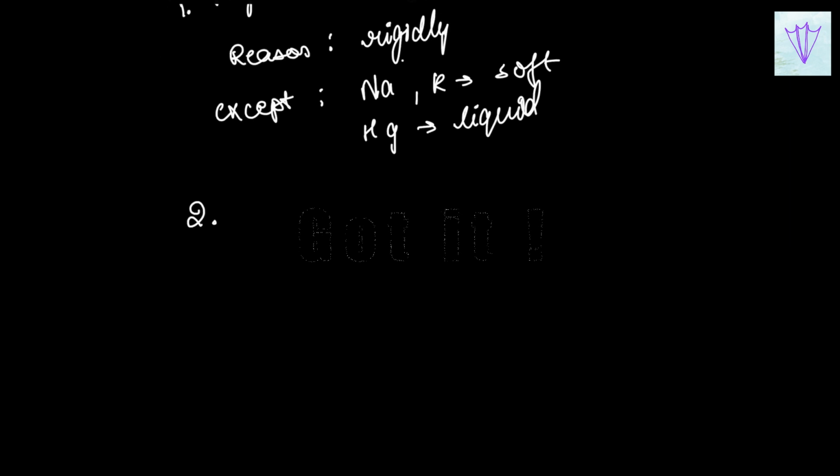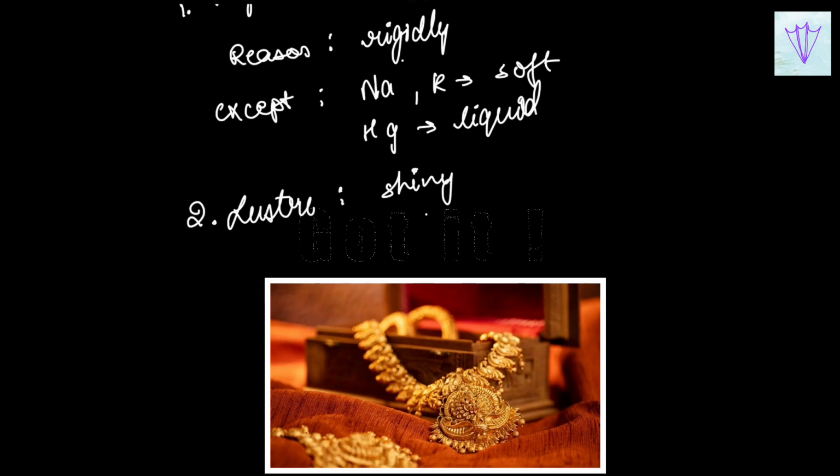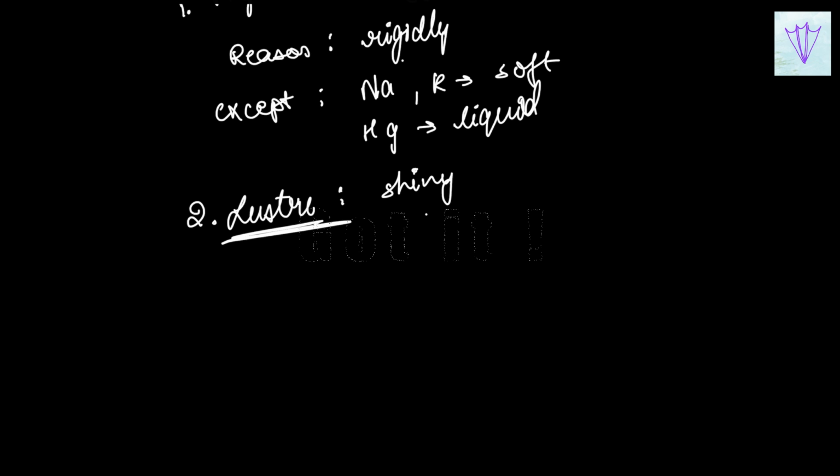The next physical property is luster. Substances which are shiny and have reflecting surfaces are said to be metals, and metals in their pure form have luster. An example is gold, which has a shiny surface.